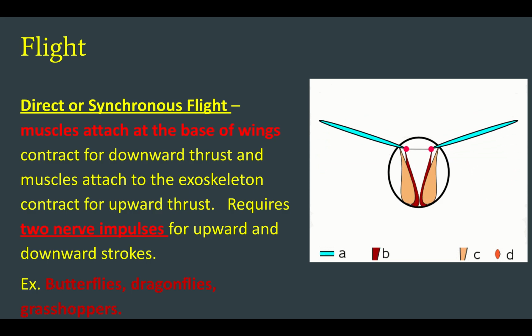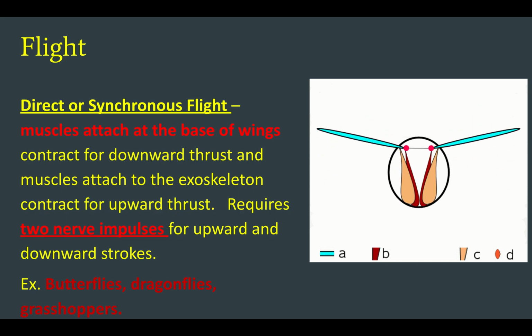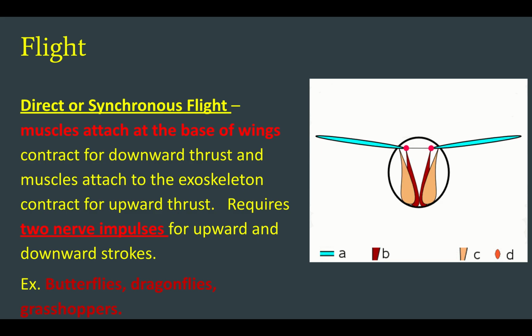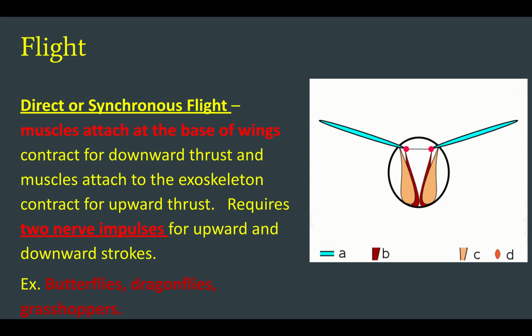That means you could probably see this happening with your eyes. With insects that do this, you usually are able to see their wings moving up and down. Some examples of insects that would do direct flight, which you can see down below, are butterflies, dragonflies, and grasshoppers, and probably some roaches too.